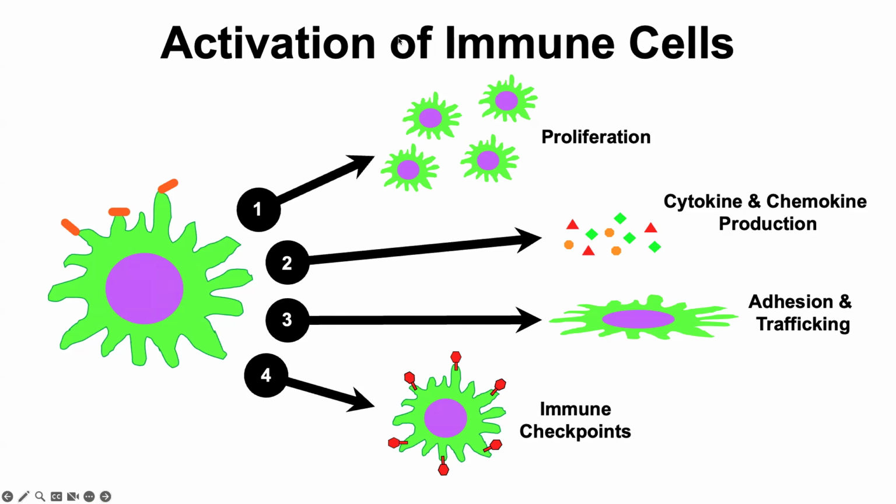And the reason I show you these compartments and what immune cells do when they get activated is that there are genetic immune deficiencies or genetic immune diseases that affect each one of these things. And so just to put this in context, this is what we're going to be talking about.